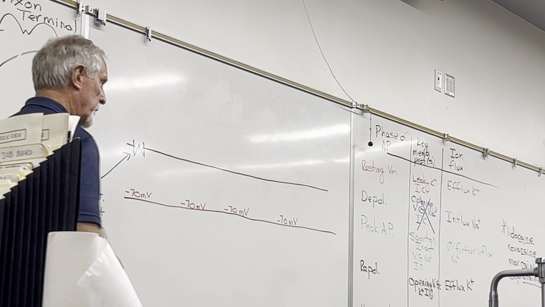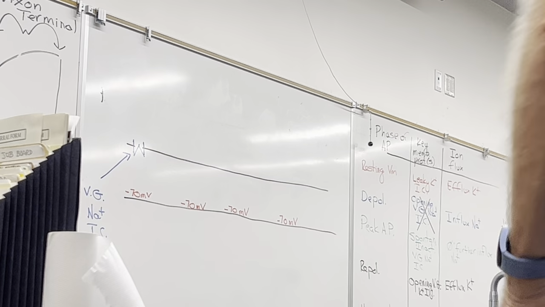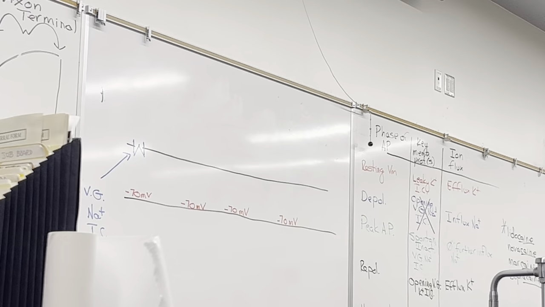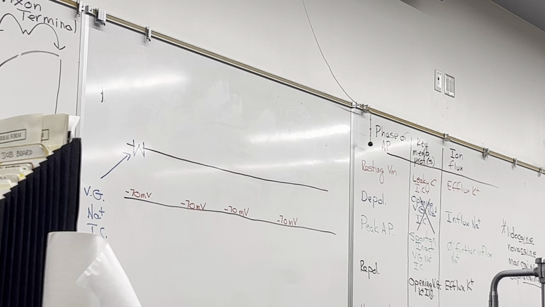I'm just showing it with little doors so that it's blocking the movement of sodium ions. And we come along and we stimulate the cell here. Here's where the stimulus is coming. The stimulus is coming here. And I get this initial part of the axon to minus 60 millivolts.